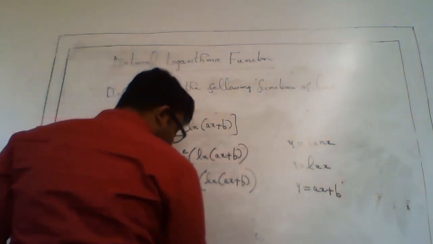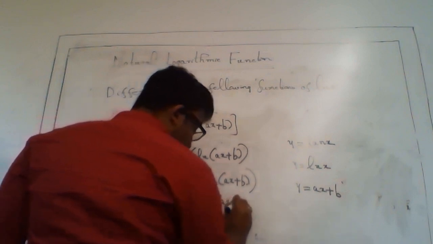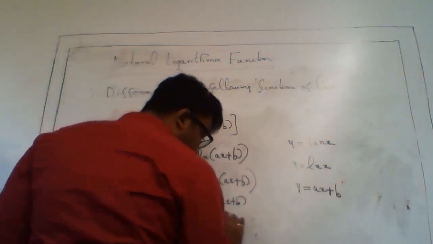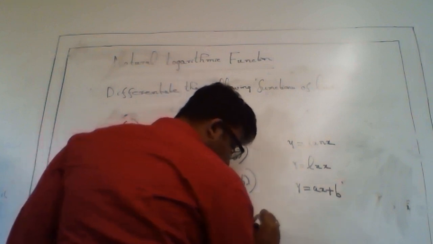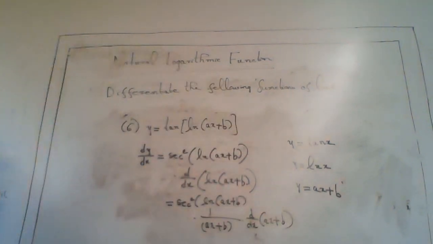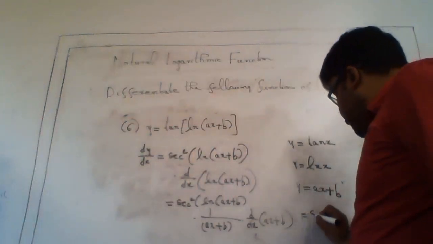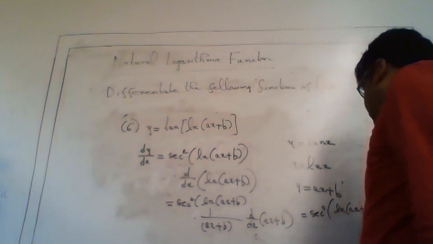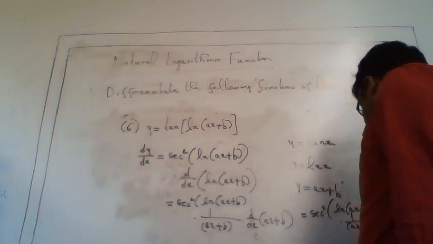So it should be sec squared of ln(ax plus b) times, the derivative of the outer function ln x is 1 over x, so 1 over (ax plus b), times d/dx of ax plus b. Now d/dx of ax plus b is just a, so it should be sec squared of ln(ax plus b) times 1 over (ax plus b) times a.